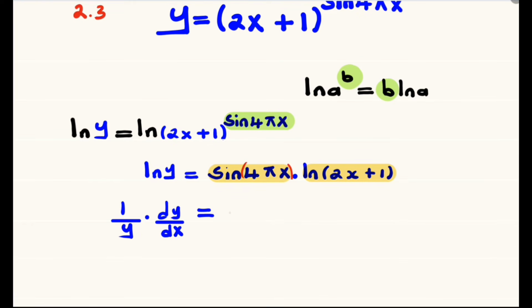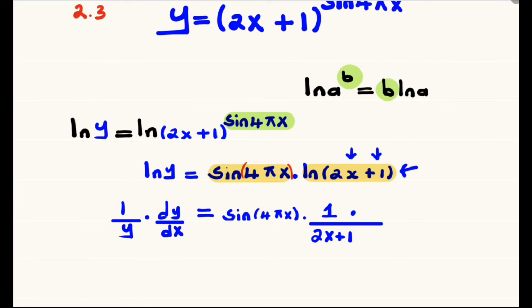So we are going to have the sine of 4 pi x, and we differentiate the ln function, and the derivative of the ln function will be 1 divided by the function which is inside the ln, the 2x plus 1, multiplied by the derivative of the function inside the ln, the 2x plus 1.